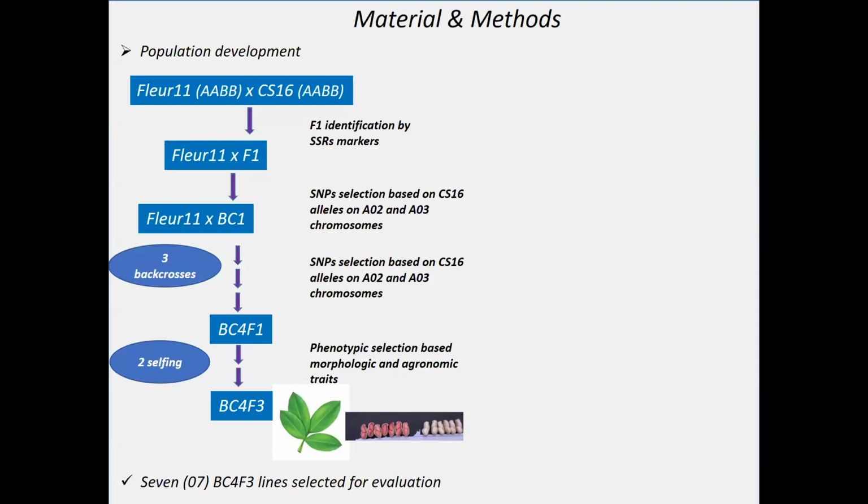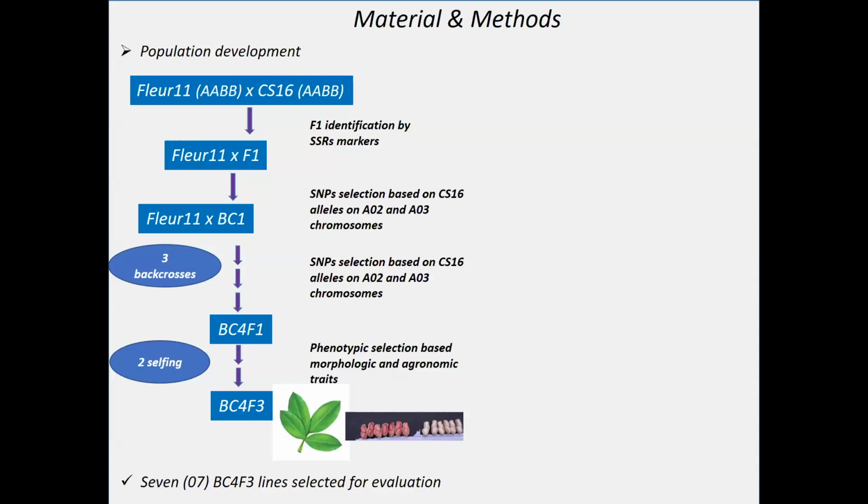These individuals were in turn genotyped using SNP markers anchored to the CS16 fragment on chromosomes A2 and A3, and only backcross individuals which displayed the CS16 fragment on chromosome A2 or A3, or in both chromosomes A2 and A3, were selected.